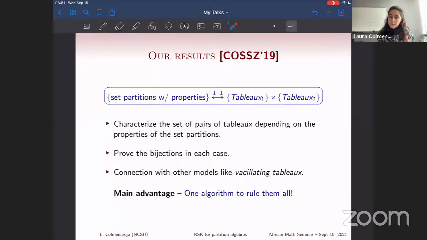So what we did was characterizing the set of the tableaux that appear for each of the set partitions with properties. And then we proved that we still had bijections, which was basically restricting our algorithm to these set partitions with properties. And we also made some connection with other models, like the vacillating tableaux. But the main advantage here was that we have one algorithm to rule them all. So we only needed one algorithm to prove this kind of result.